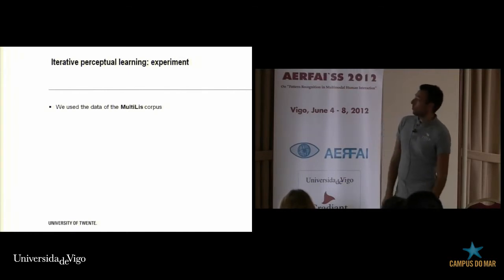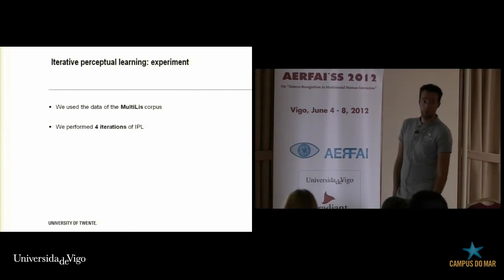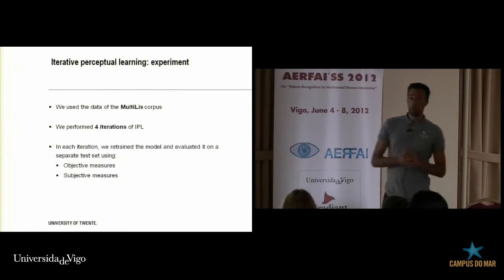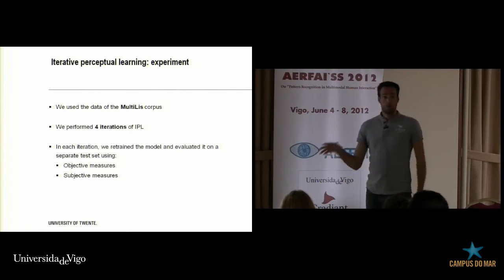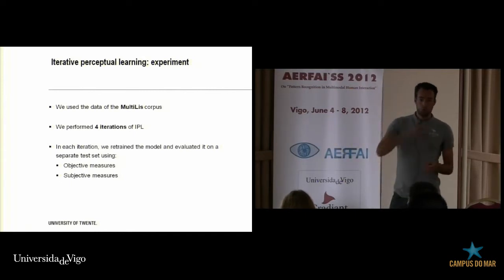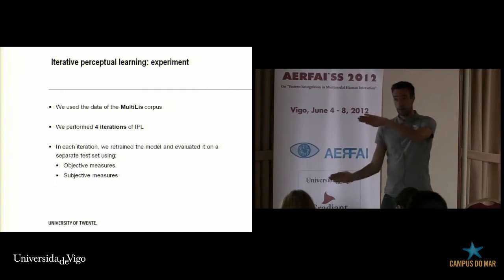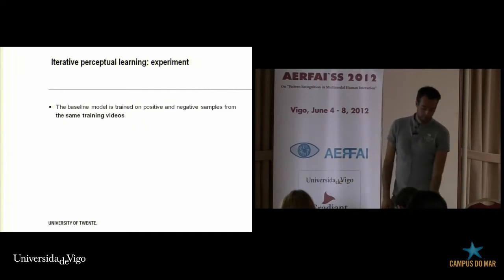So we use the multilist corpus as our data here. We did 4 iterations of EPL because it takes a lot of time to evaluate, and after 4 we get bored. And in each iteration, we retrained the model on a separate test set so we could compare it with a baseline. So we had the iterations, which got us samples, and then every time we also had a separate set so we could compare the performance on the test set.